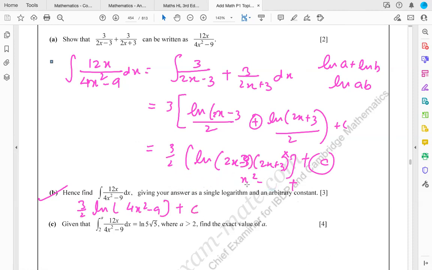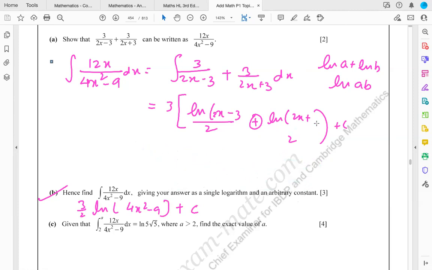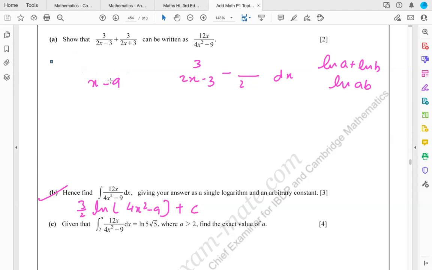As far as definite integration is concerned, whenever you have the limits given on the top and bottom of the integral sign, that is a definite integration. For example, here, if you see the integration of, let's say, 12x upon 4x squared minus 9, with the limit 2 to a. That's the limit of the integral here.